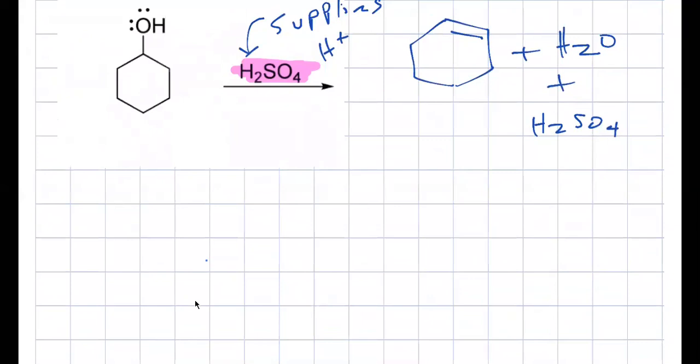So this mechanism, what do you remember about OH as a leaving group? Remember when we talked about converting alcohols into alkyl halides? What do you know about OH as a leaving group? Is it good or bad?